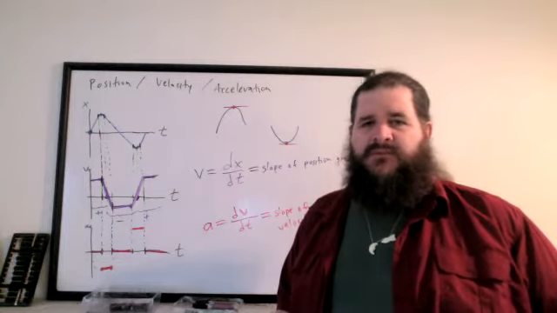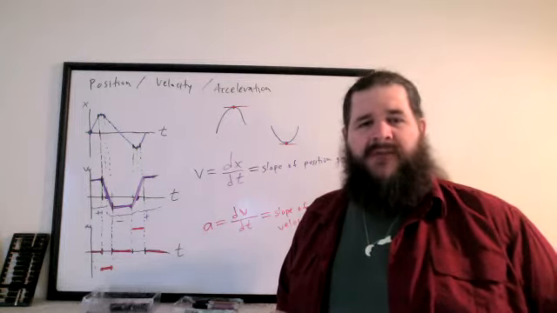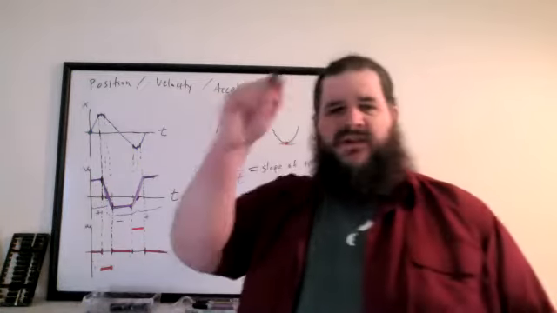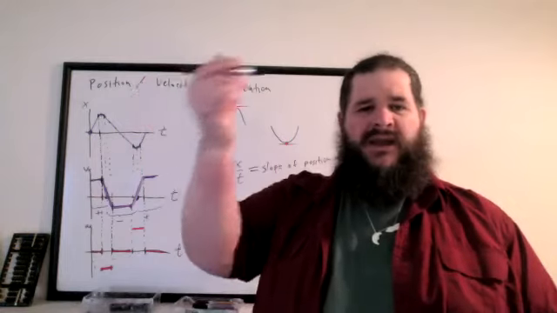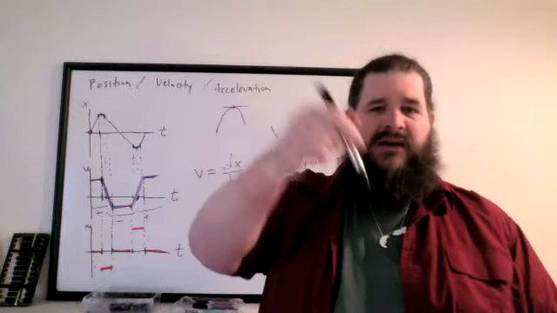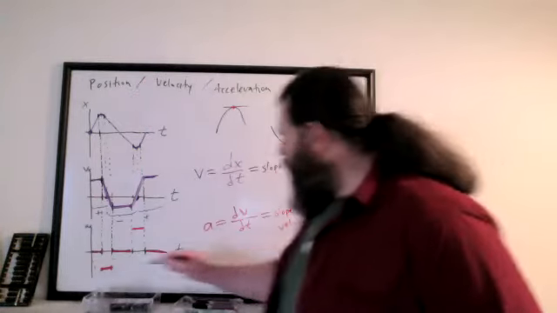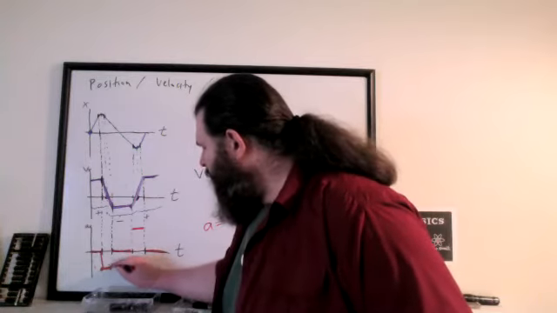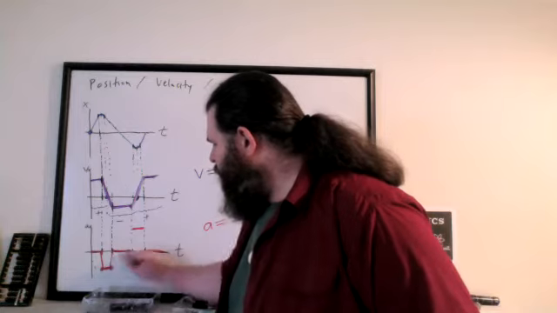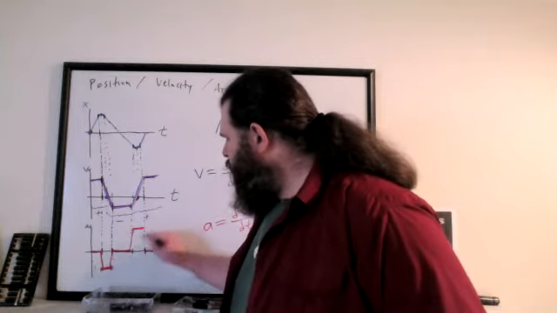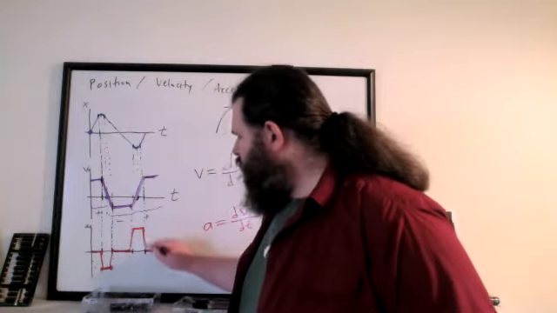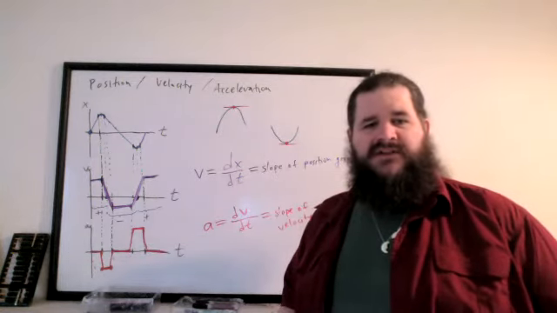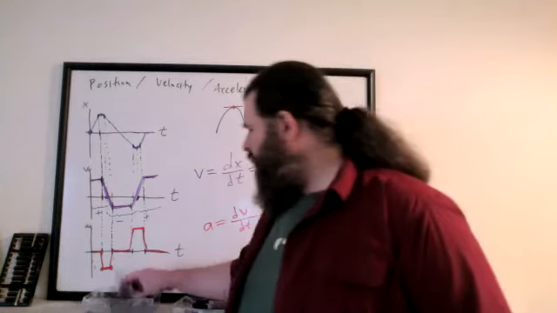It takes a short but non-zero amount of time. So it's not going to be a sudden drop; it's going to be a quick but not instantaneous change. Realistically, we should probably have some steep but not vertical diagonal lines connecting these, because it does take a little bit of time for the acceleration to change.